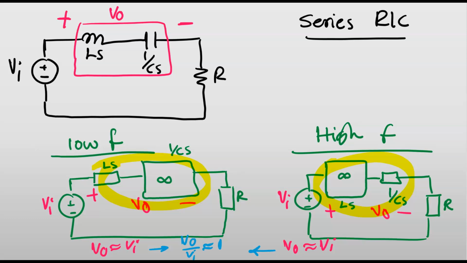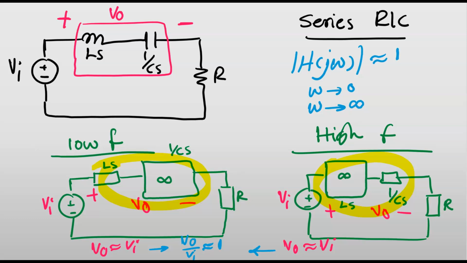So the magnitude of H at j omega, if omega is approaching 0 or if omega is approaching infinity, in both scenarios the magnitude is very close to 1. And that's what we know for band reject frequency.